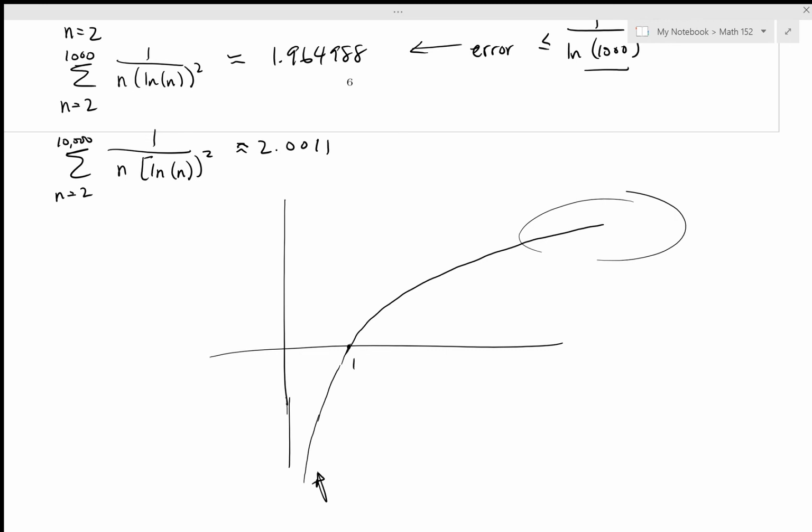Okay, so just to recap what we talked about here, we can use the equivalent integral in order to get an estimate for a sum. And we can provide a lower and upper bound for the sum using an integral.